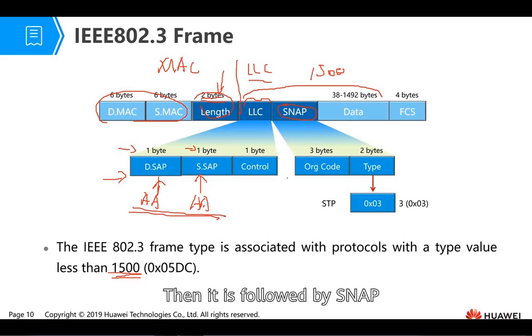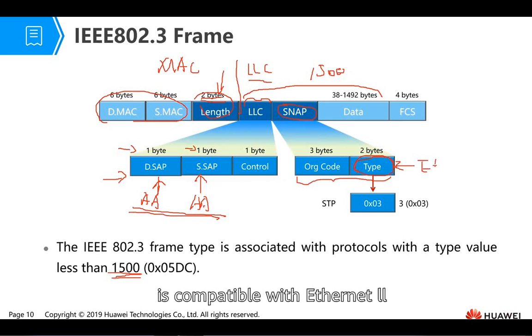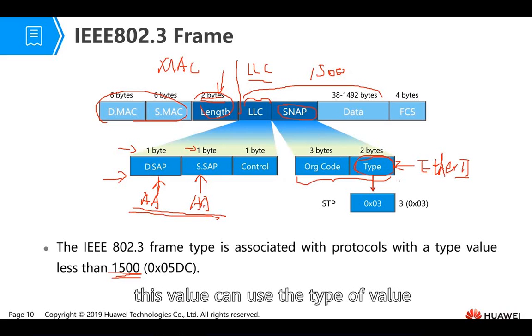Then it is followed by the SNAP, and in SNAP, they also inserted a type field. This type field is compatible with Ethernet 2, and this value can use the type values used in the Ethernet 2 frame.